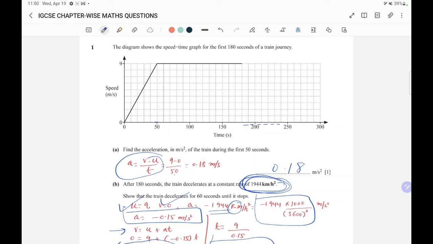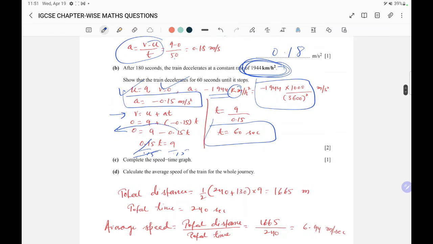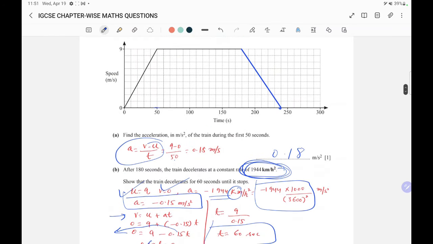This point. Okay, so now we are here. Next, we need to complete the speed time graph. Okay, that's fine. So here we have completed.